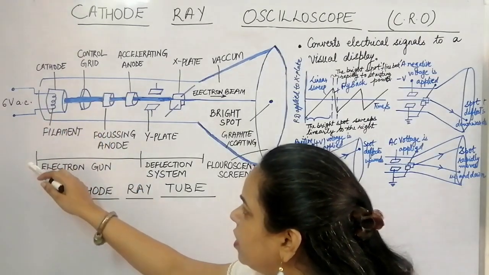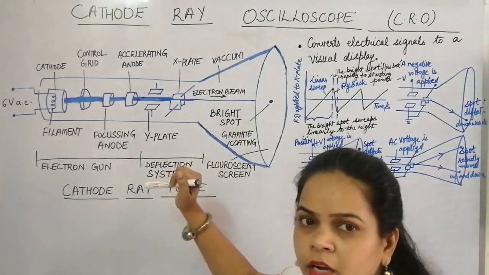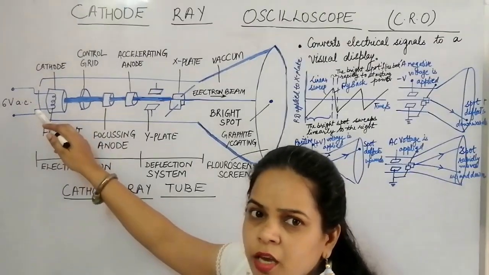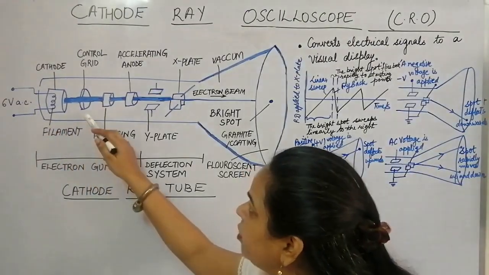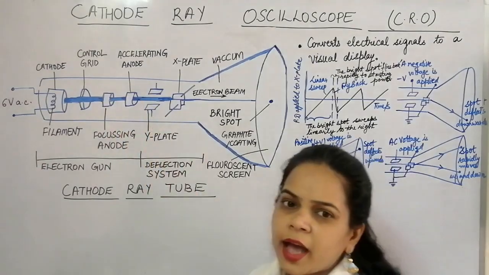As you can see here, this whole system till here is the electron gun. The electron gun consists of the cathode, which has the filament in it. Then it has the control grid, and there are two cylindrical drums of the anode.